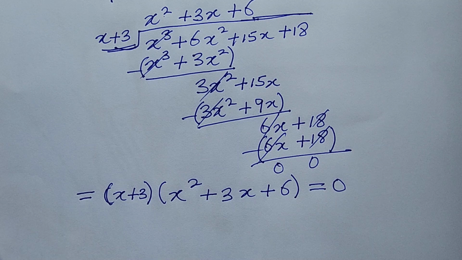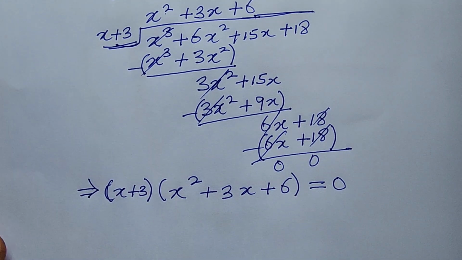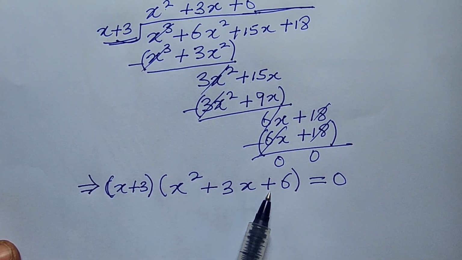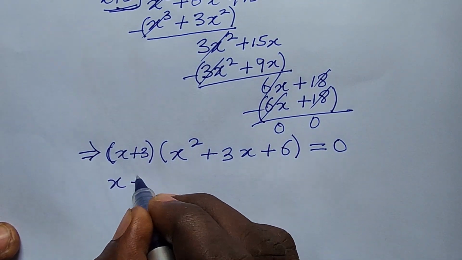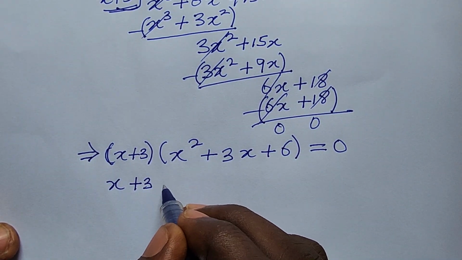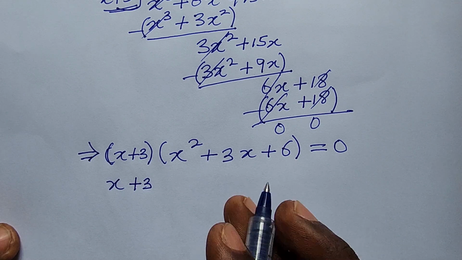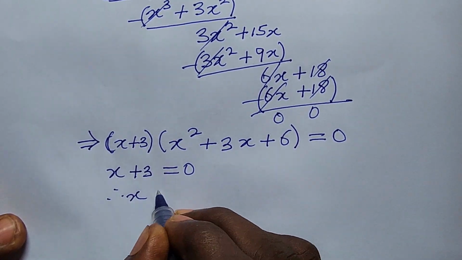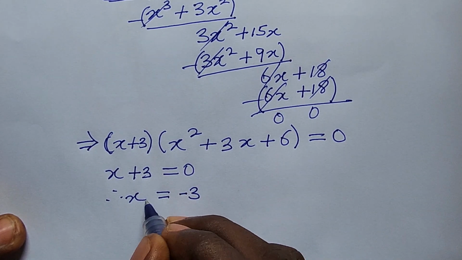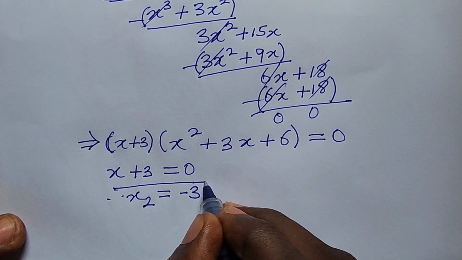So this implies this. We now solve this quadratically. So again, let's establish this one. We know that x plus 3 is a factor. We said this is equal to 0. Therefore, x equal to minus 3 is our x2.